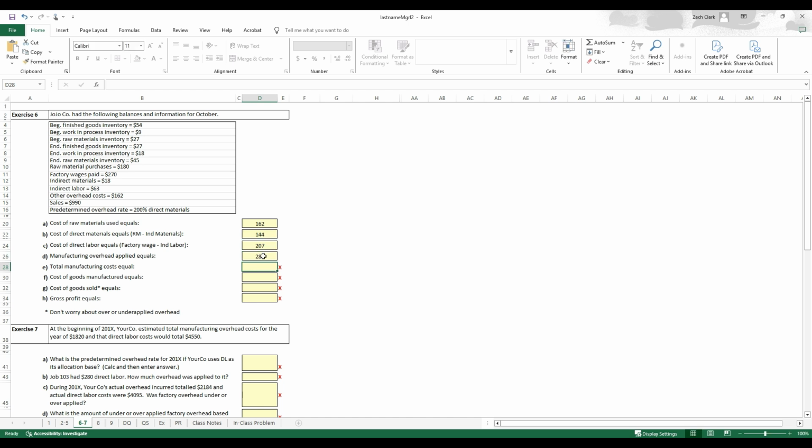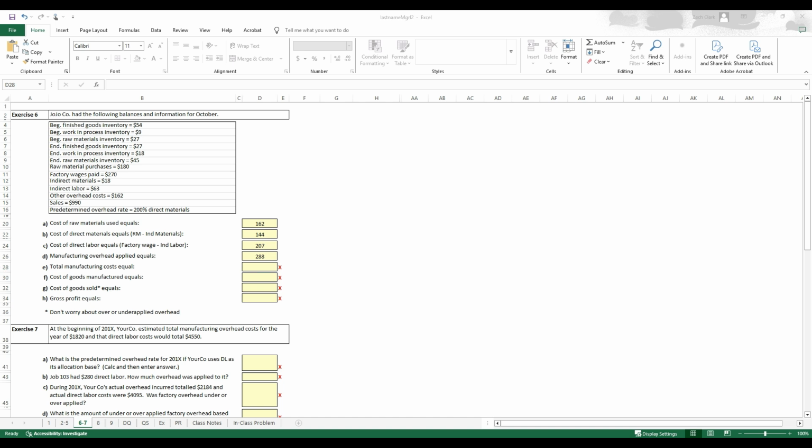That would be 200% basically. Times 100% would be times 1, right? Times 2, 200%. So just a double. So our manufacturing overhead cost doubles what the cost of direct materials would be, and that's given to you up here. If you're ever trying to figure that out, sometimes you might have to search for it, but it'll tell you somewhere.